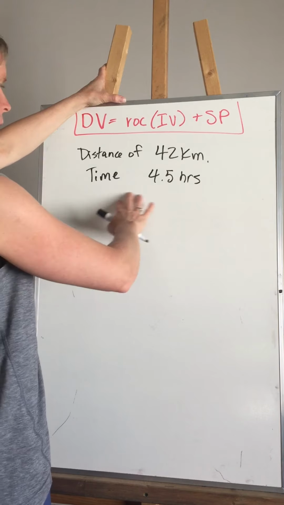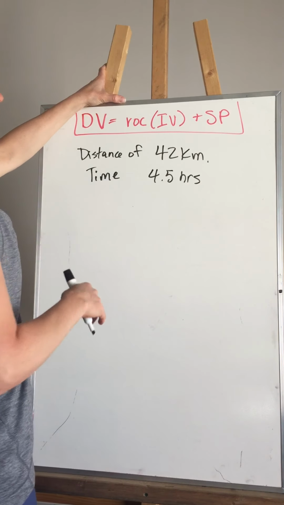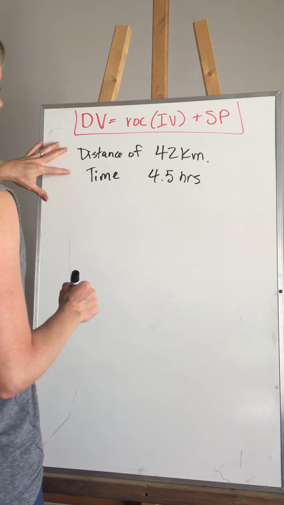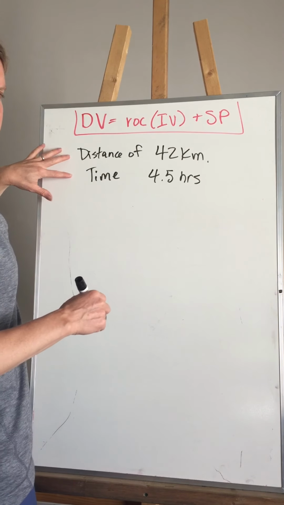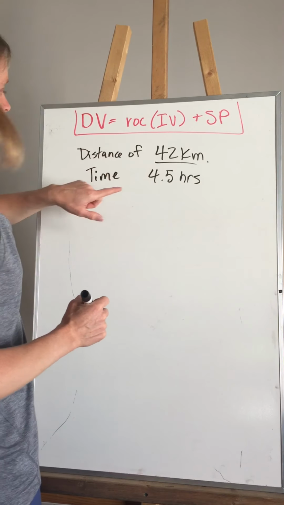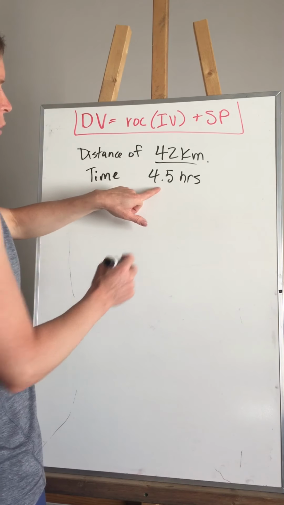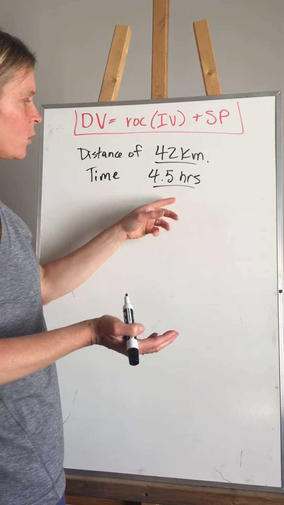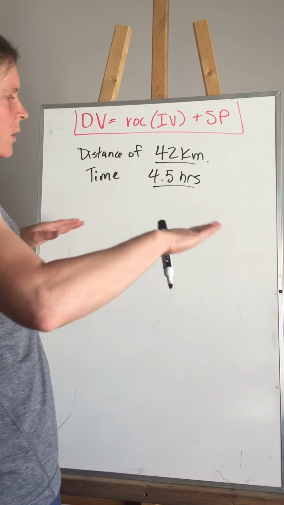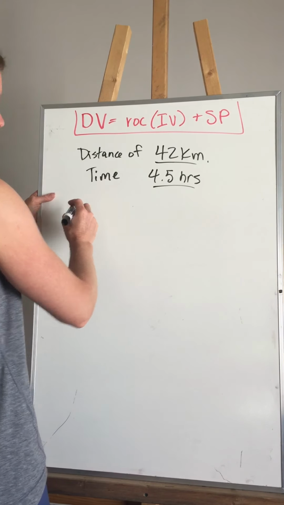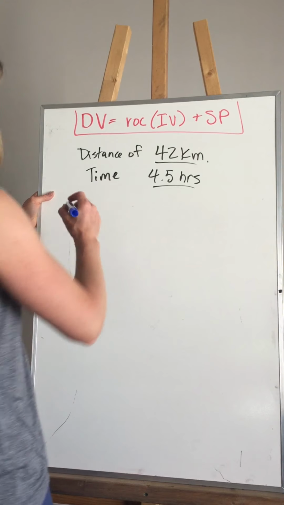And they ran at a constant speed for the entire race, and you're asked to come up with an equation. So just to read the question again: Zach and Sebastian ran a marathon, a distance of 42 kilometers. It took them 4.5 hours to run the race. They ran at a constant speed, so the rate of change doesn't change, it's constant. Write an equation.